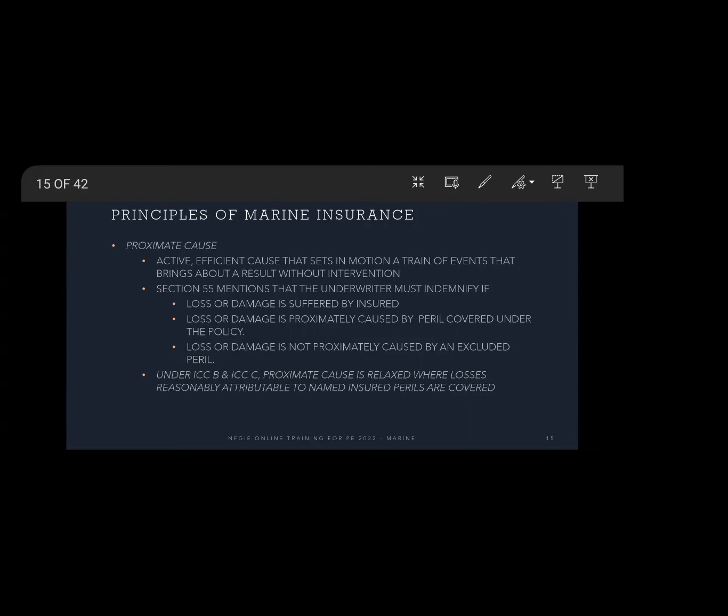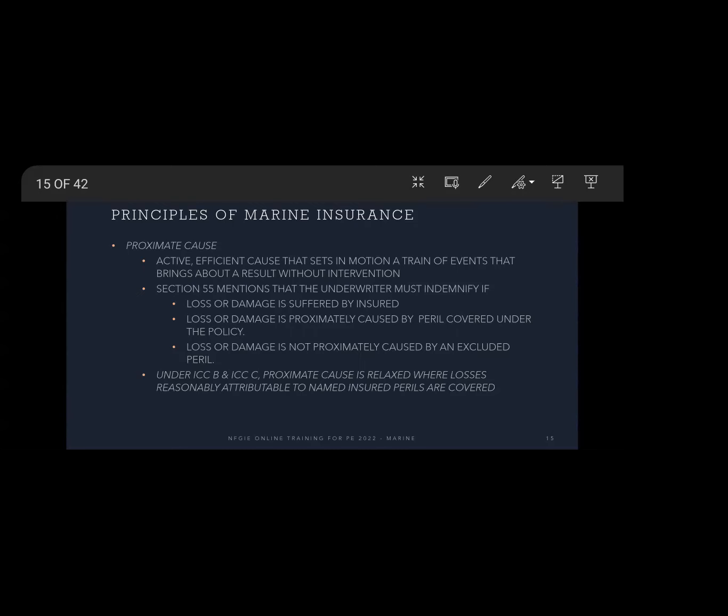Second thing is the loss should have been proximately caused by a peril covered under the policy, and it should not be caused by an excluded peril.